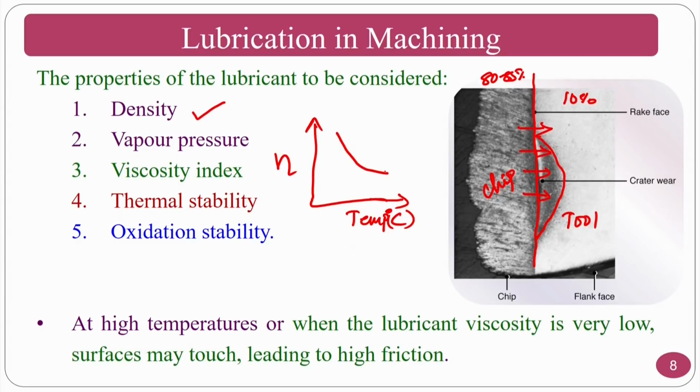If it is coming down, what will happen? There is a chance that mating surfaces will come together and again the wear takes place. So it should have proper density. Even though you are giving high temperatures, it should not become like a too thin fluid.